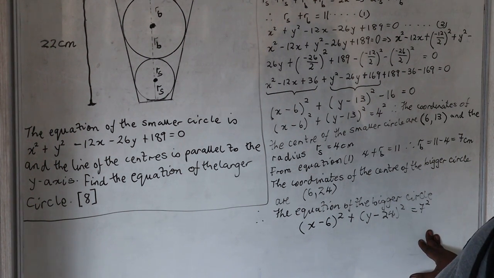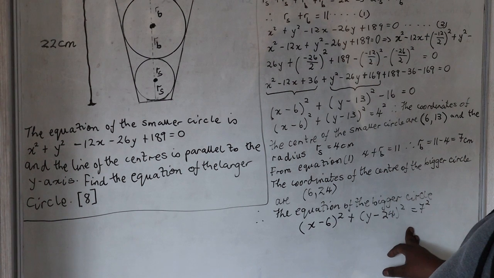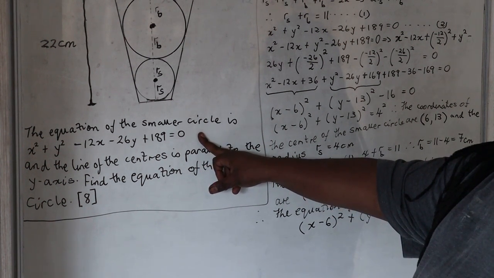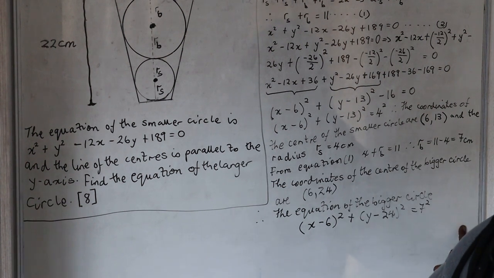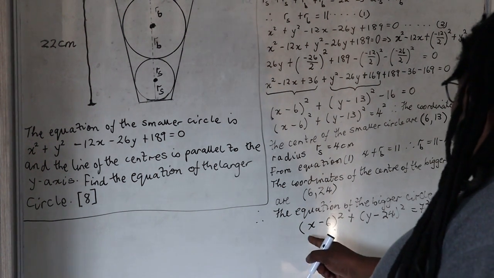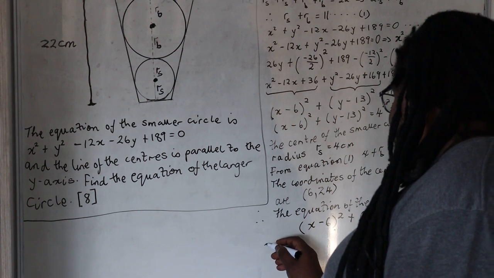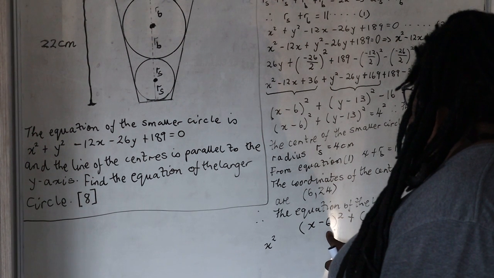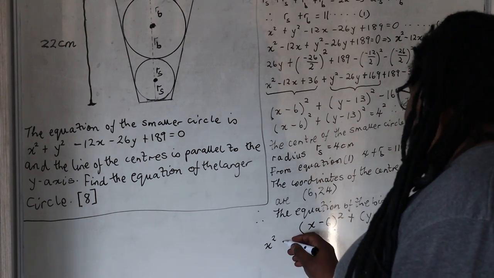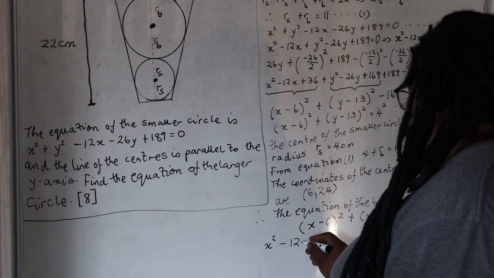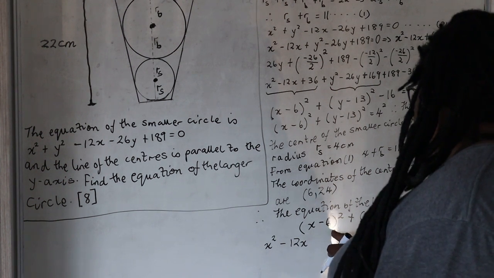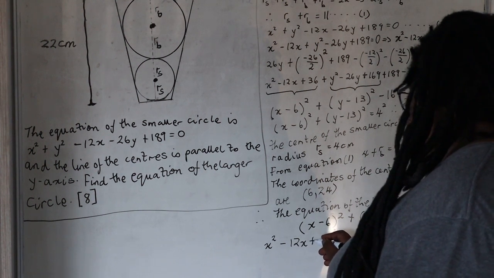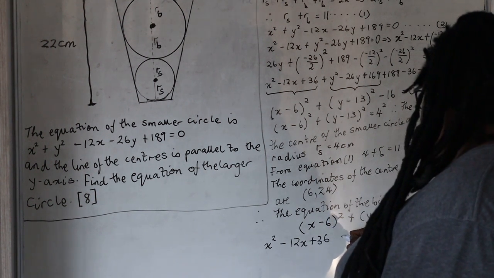You have found the equation of the circle, but for us to have an equation of the circle similar to the smaller circle there, we can actually expand that, and that is easy. x times x would be x squared. x times minus 6 is minus 6x times 2 is minus 12x, and the minus 6 squared would be plus 36.